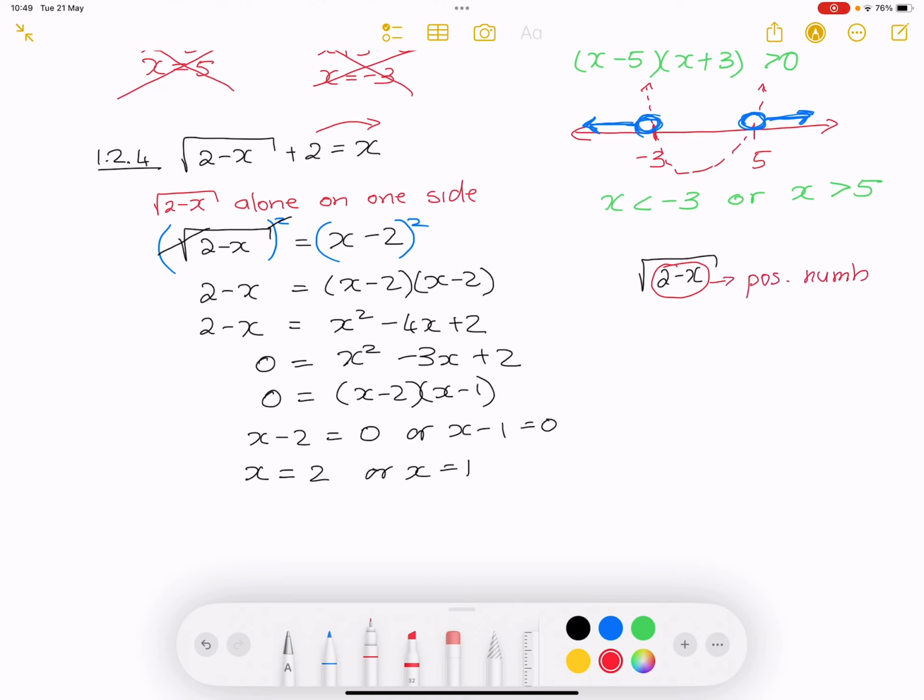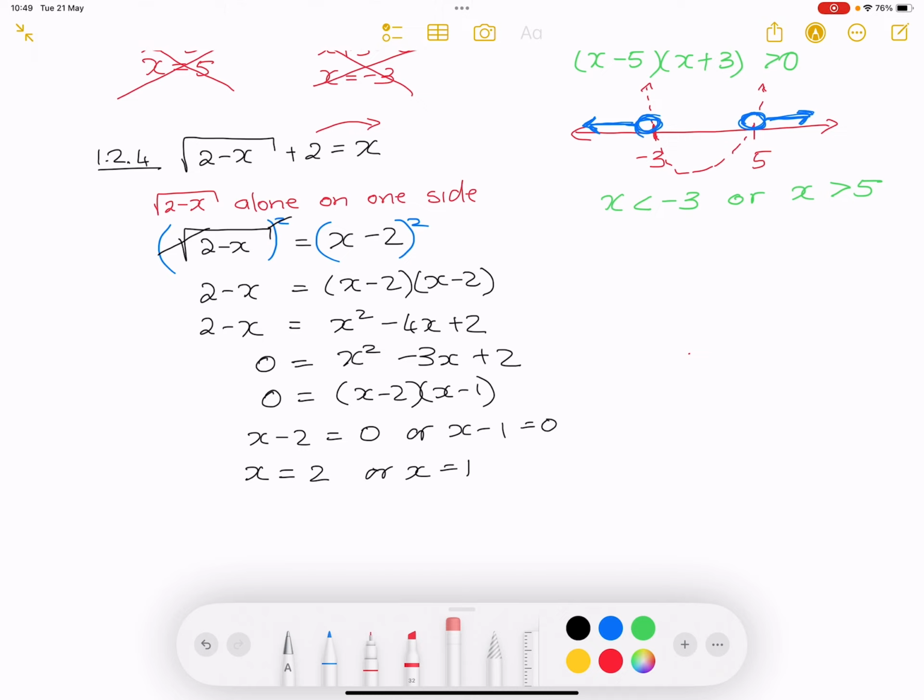Therefore, you're going to take 2 minus x is greater than 0. Now, let me just sort it out. Let's rather start this one over again. I'm sorry about it. We substituted.